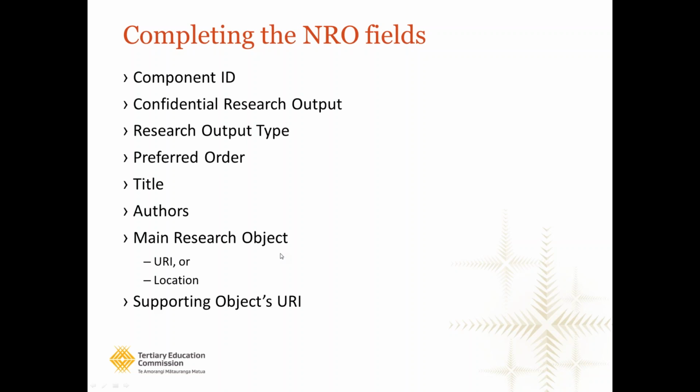So for example, your TEO will manage some of the things like the component IDs. Obviously, some of the bibliographic data that goes in there might be pulled from your research assessment system. They will upload what we refer to as the main research object and the supporting objects. That's the information that the panel members actually directly access to look at quality.